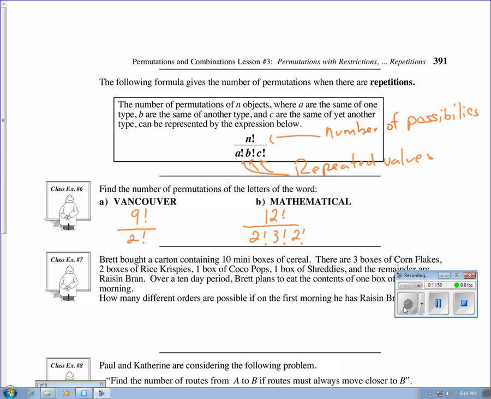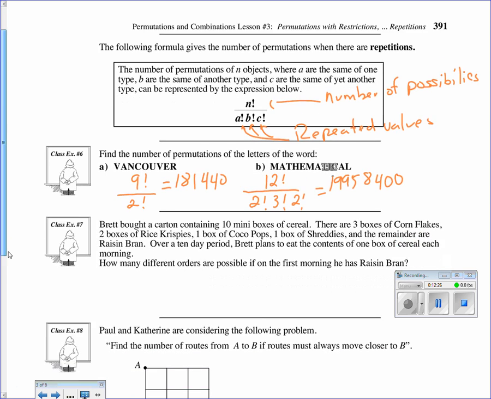It's got 2 M's, it has 3 A's, and 2 T's. So I have 12 factorial, divide by 2 factorial, 3 factorial, 2 factorial. I need those numbers. The numbers get a little bit large, but my calculator can handle it. 9 factorial divide by 2 factorial, and 12 factorial divide by 2 factorial, 3 factorial, 2 factorial.